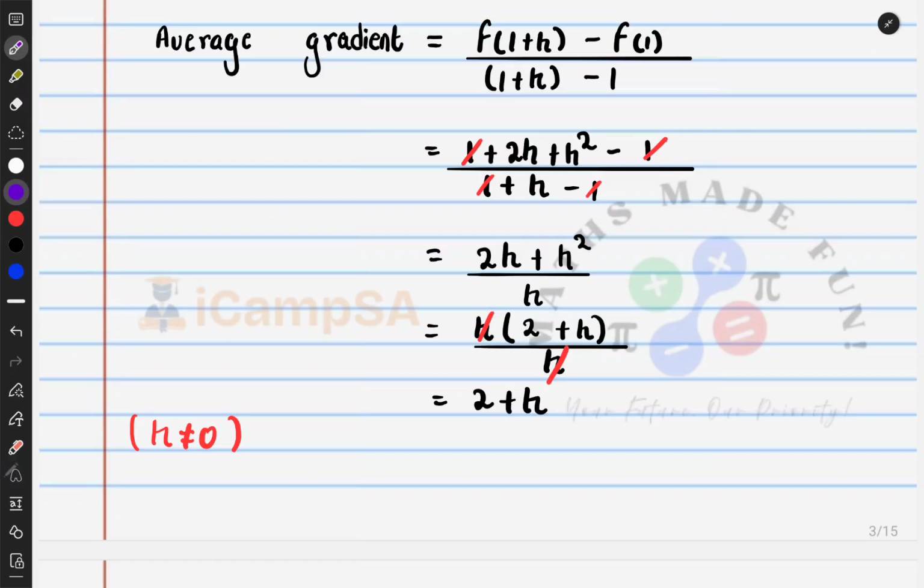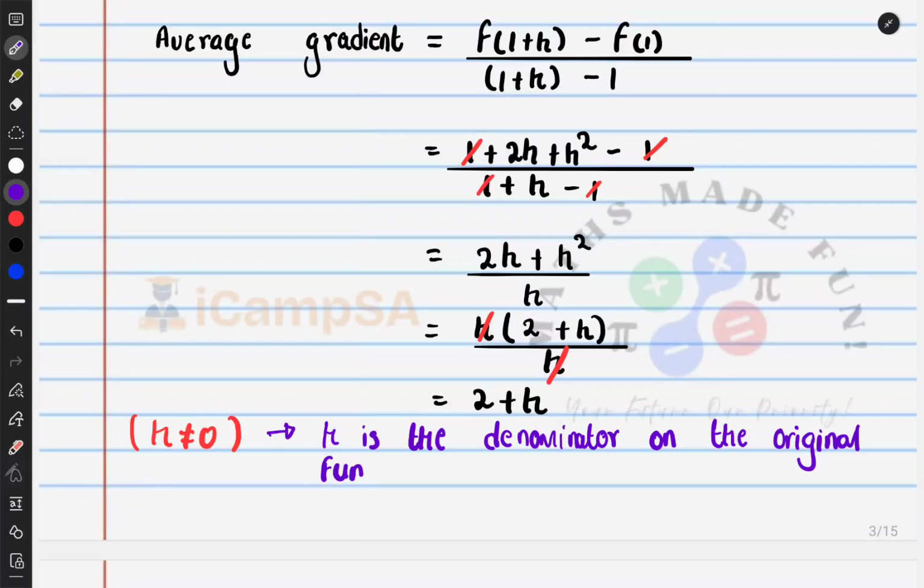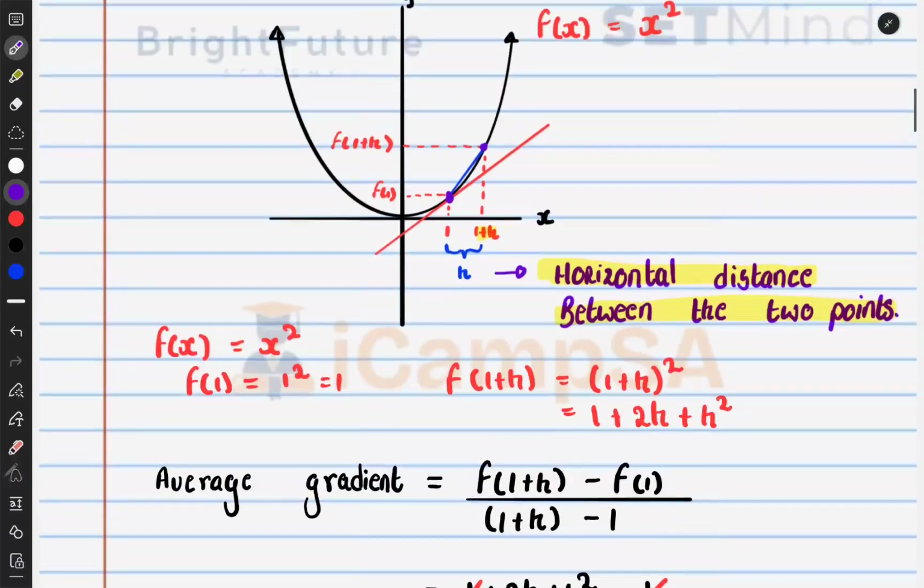Since h is in the denominator of the original function, it can never be equal to 0. Let's put that in writing. H is the denominator on the original function, so it can never be equal to 0.